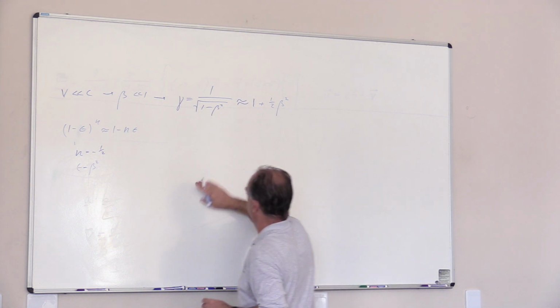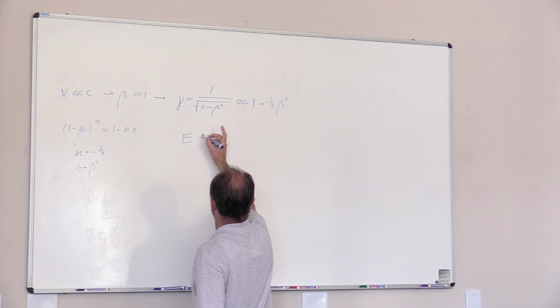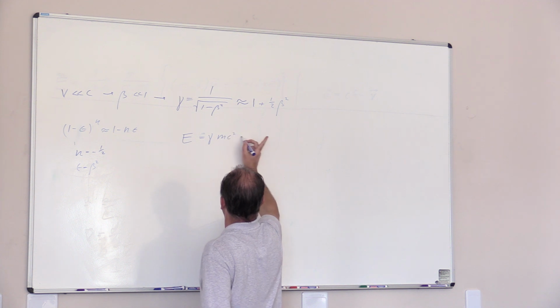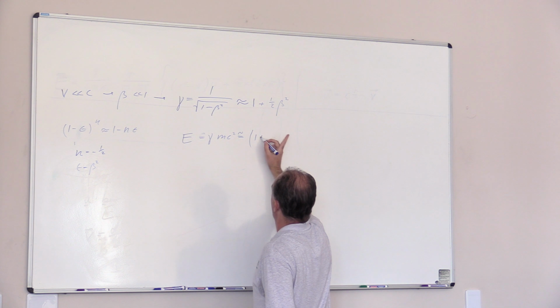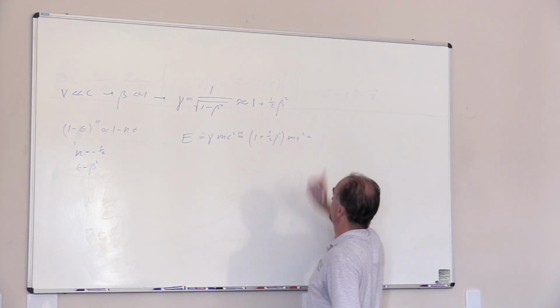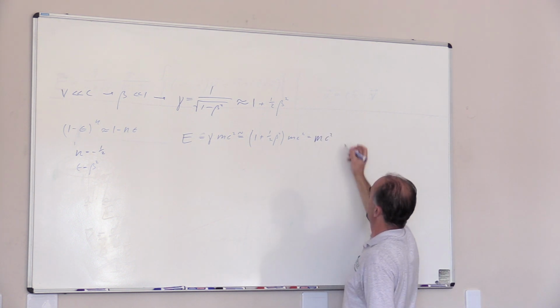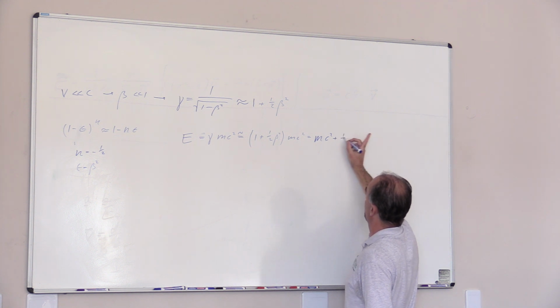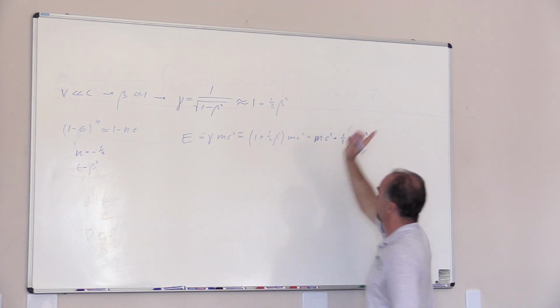So that means if we are in a non-relativistic limit, the energy, which is gamma mc squared, is then approximately 1 plus 1/2 beta squared times mc squared. So that is mc squared plus 1/2 m beta squared c squared, isn't it?